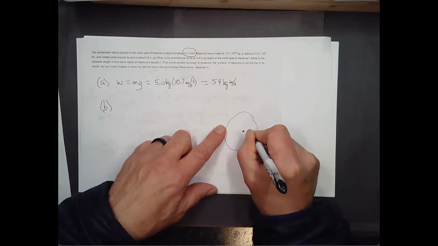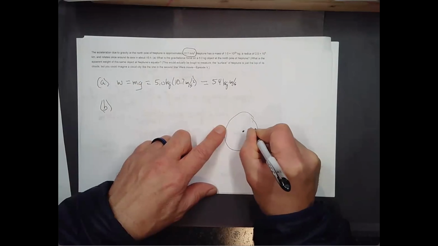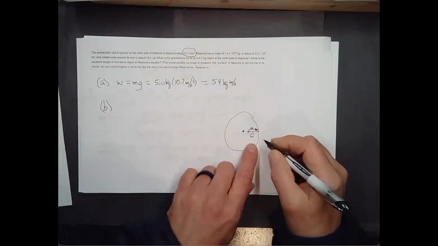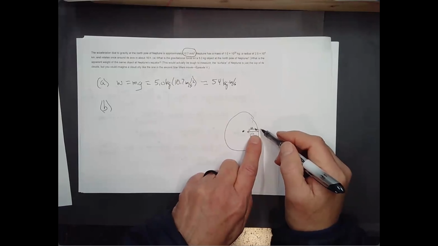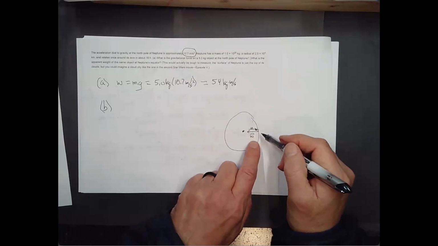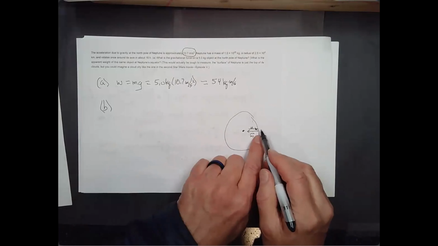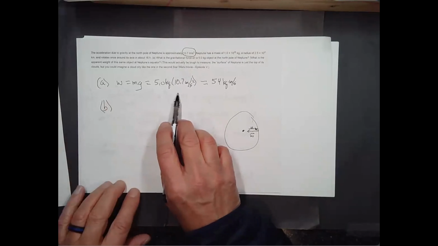But then if you're supporting yourself, you've got a normal force, and the combination of those two forces is what has to give you the centripetal acceleration. So you would take the centripetal force away from that weight.